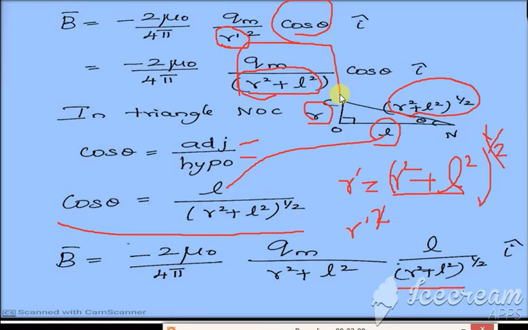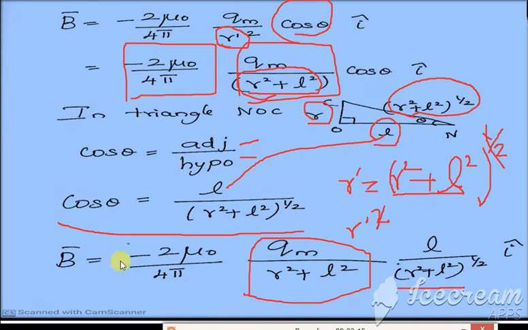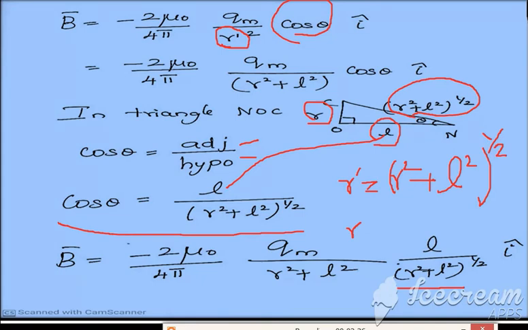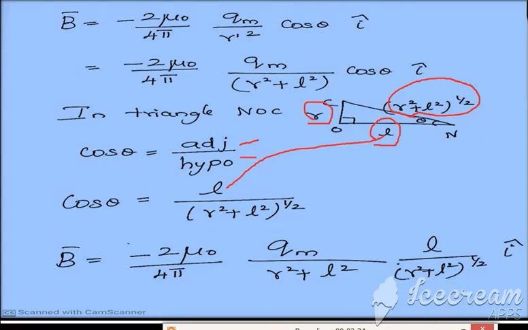So this term as it is, qm divided by this term as it is, the same way the front one as it is. And instead of this cos theta, I am going to write this value here and also I cap. Now what I'm going to do is multiply the denominators.